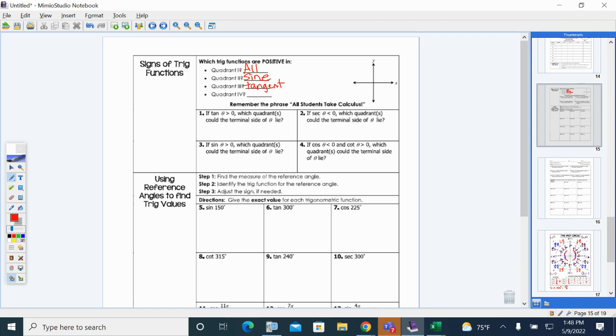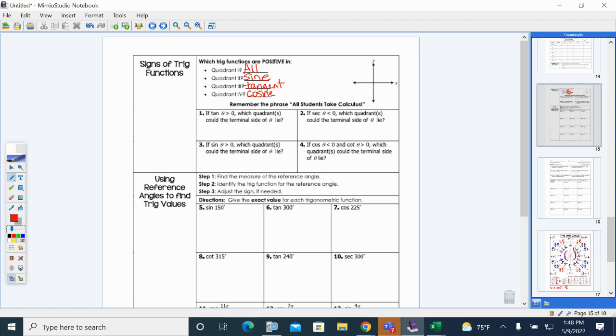And then lastly, in quadrant 4, the x is positive and the y is negative. So for quadrant 4, the answer to this one's going to be cosine. Cosine is positive because your x is your cosine. I think I said that backwards just a second ago.